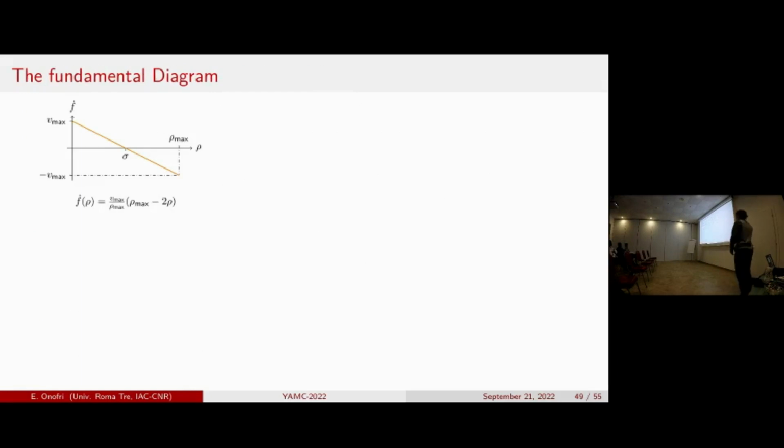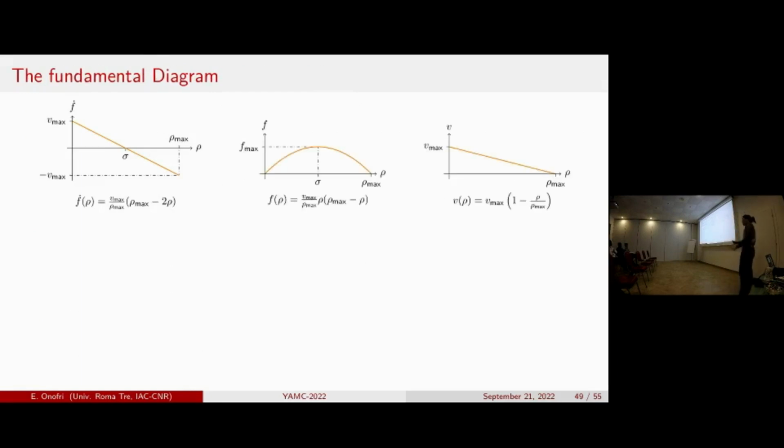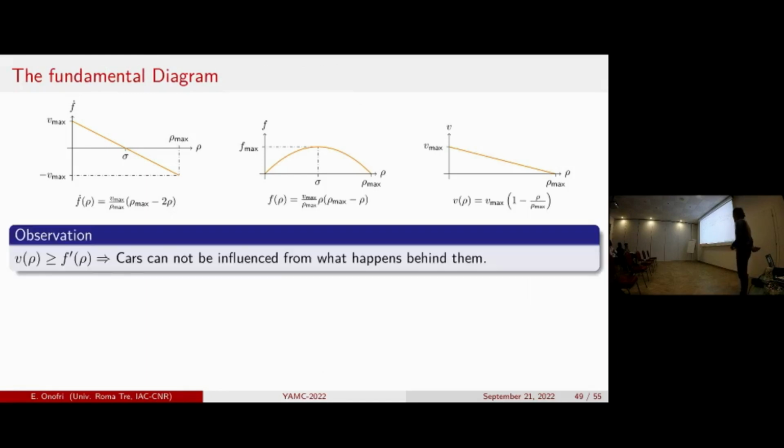And then we can recover the fundamental diagram, which will be very important in just a few minutes. And of course, yesterday we also said that the characteristics cannot be faster than the cars, because otherwise it would be like cars being influenced by what's happening behind them.